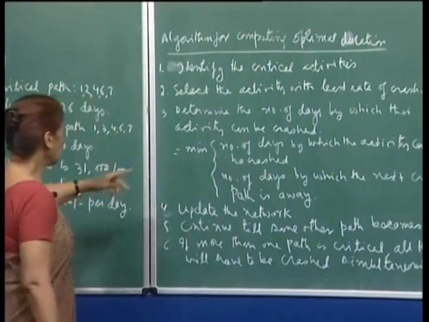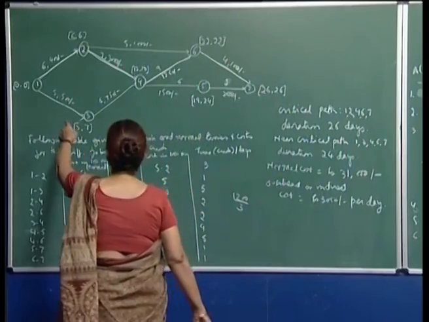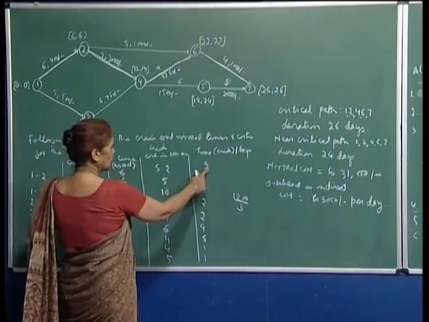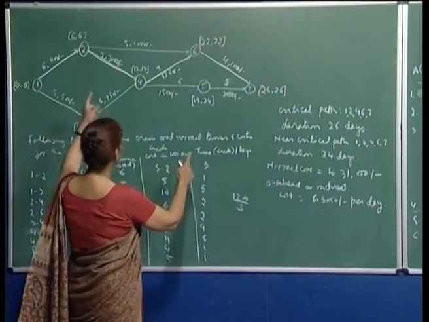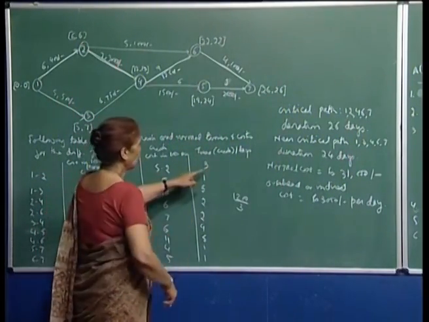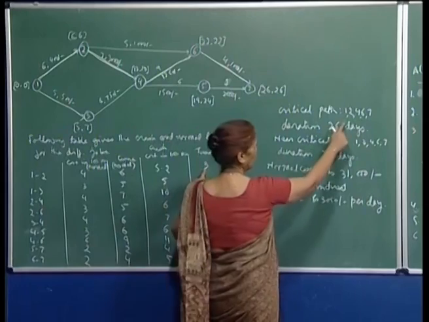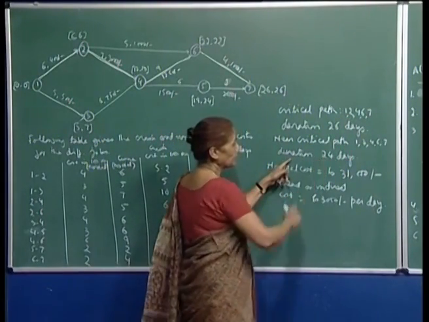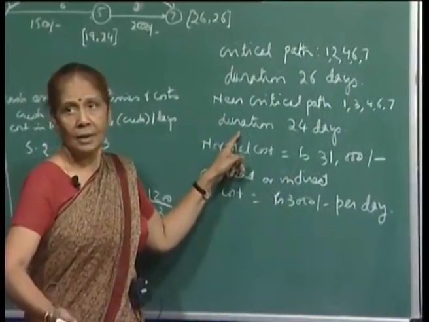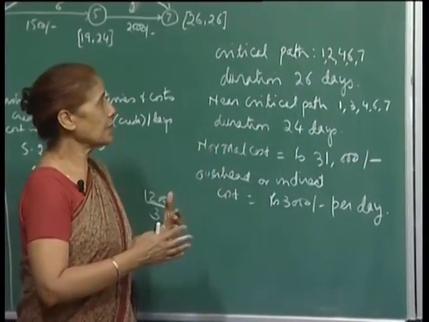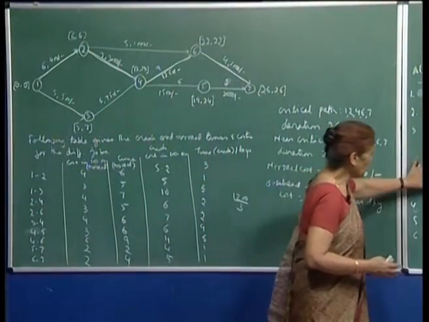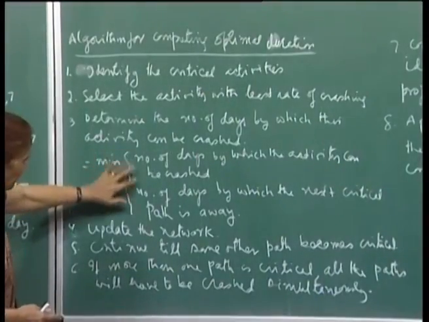For example, 1 2 can be crashed by 3 days, which means if I crash the activity 1 2 to its crash time of 3 days, this path length will become 23, but then the next critical path is 24 days. So, my project duration will not come down to 23 days. This is the whole idea. This is important, you have to always choose the minimum of the two numbers.